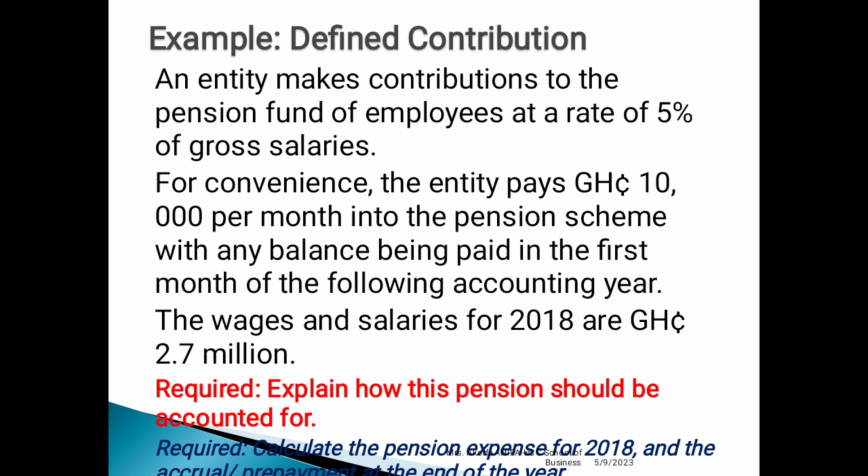So, defined contribution. An entity makes contribution to the pension fund of employees at a rate of 5% of gross salary. So 5%, please let's take note of this. 5% of gross salary.